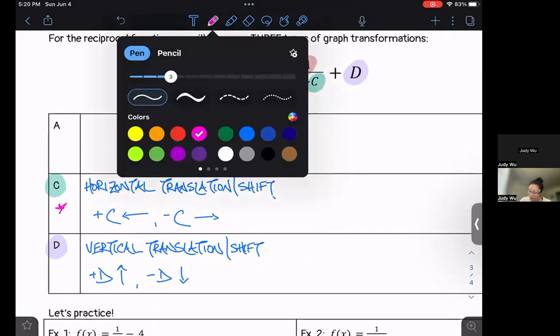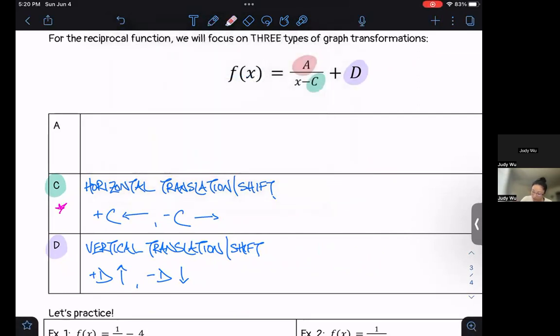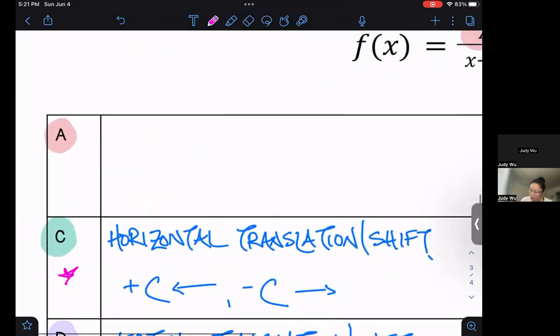For our last graph transformation, I know I said earlier that it's really hard for us to see the vertical stretches and shrinks and the horizontal stretches and shrinks. So what we're focusing on here is that a positive A means our graph looks something like this. Wherever our asymptotes are, our graph is going to look something up here and up here.